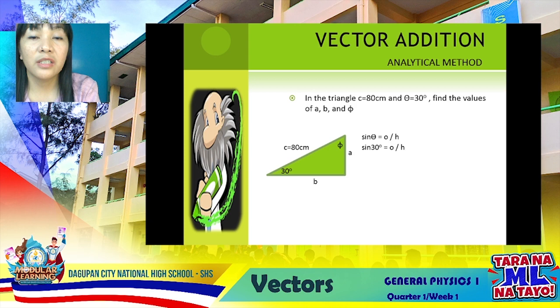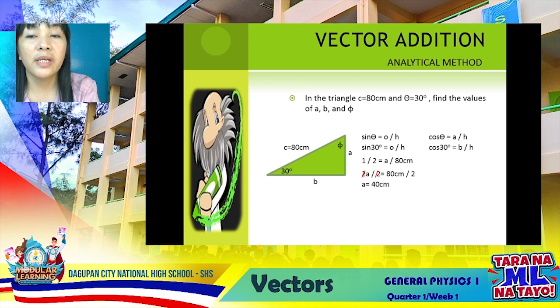Now to find for the side B, we use the trigonometric function cosine. So cosine theta is equal to adjacent divided by hypotenuse. Why? Again, B is the adjacent side of the angle. That's why we use cosine theta. So cosine 30 degrees is equal to B over hypotenuse.